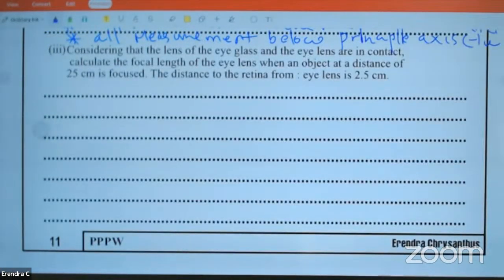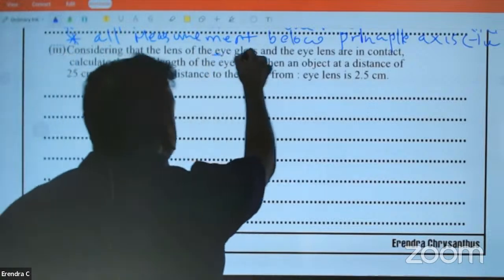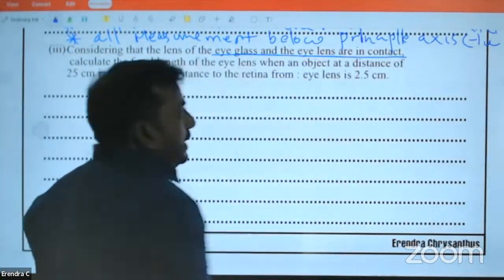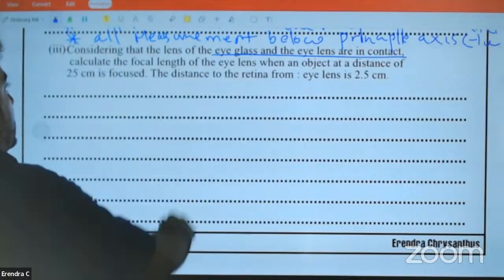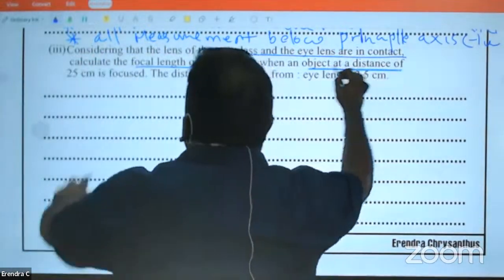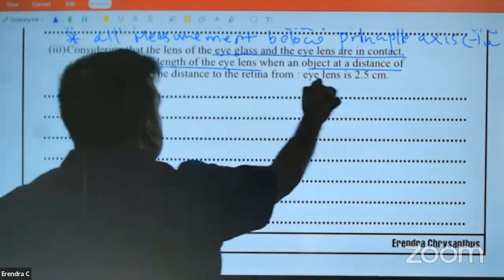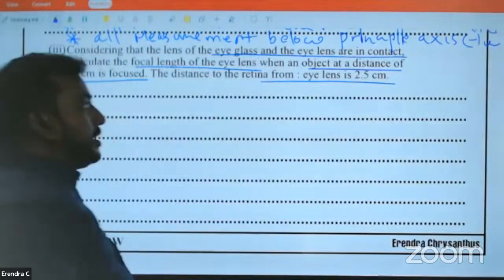Considering that the lens of the eyeglass and the eye lens are in contact, that means combined lenses, calculate the focal length of the eye lens when an object is at a distance 25 centimeter, distance to the retina is 2.5. Right, now look.